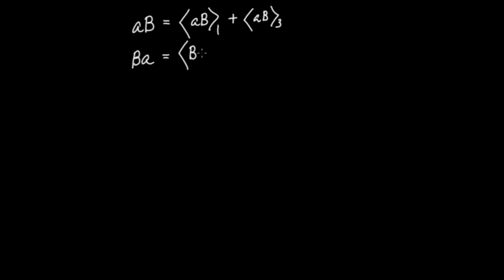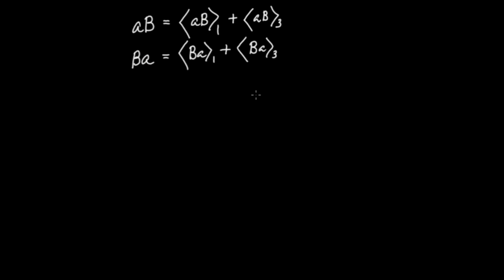So let's review what we've discovered. If we have a vector A and a bivector B, that can be split into a grade 1 part, a vector part, and a trivector part, grade 3 part. And then we also consider that product, the commuted product, BA. Again, where B is a bivector and A is a vector. And that can also be split into a vector part and a trivector part.